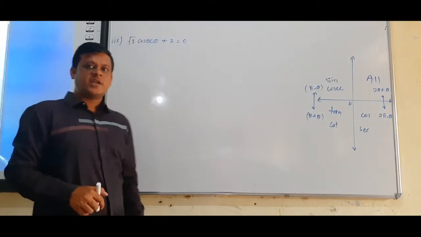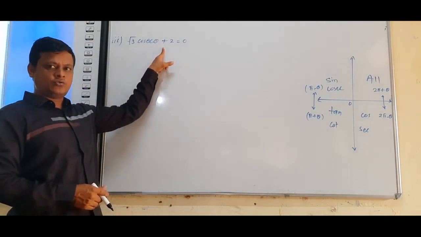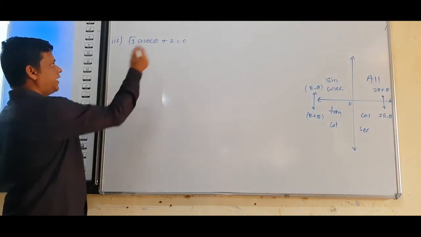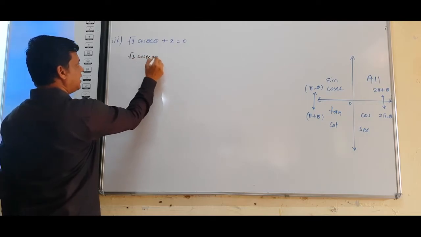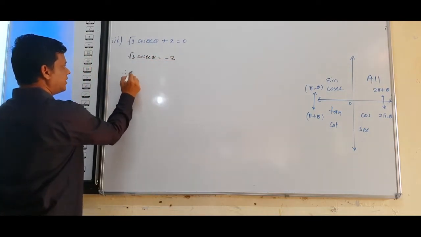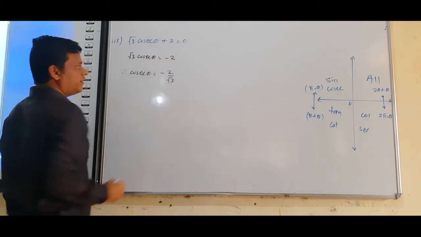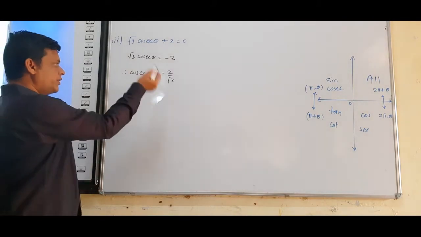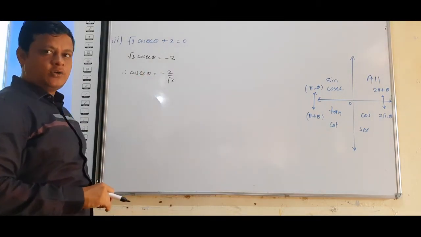Now see the next example. Root 3 cosec theta plus 2 equals 0. Now we write this as root 3 cosec theta is equal to minus 2. Therefore cosec theta is equal to minus 2 upon root 3, which is equivalent to, we can convert cosec theta into sin theta.